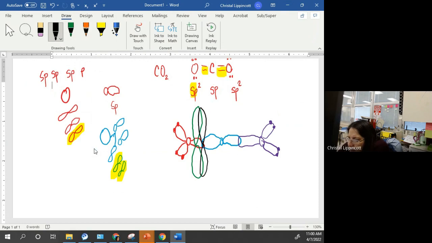So these are my pi bonds. That's my double bond. My double bond consists of my sigma here, which is underneath now, and my pi bond here. And then I have a duplication of that over here. Okay, I've got my sigma underneath there, and now I'm going to end up covering it up with this guy.